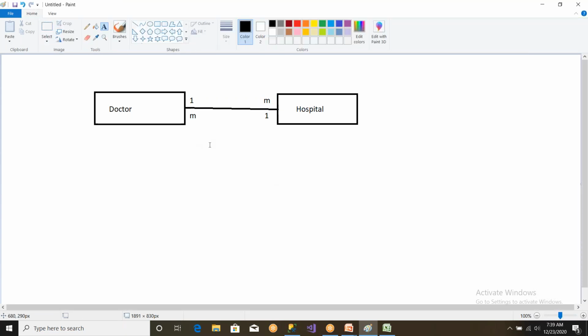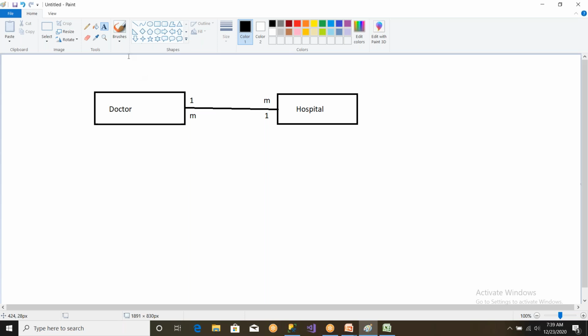Clear? For example, a cardiologist, in the morning 10 to 12 or 1 o'clock, may be there in his own clinic. Later, in the evening 6 to 10, he may be working for some other hospital as a surgeon, right? So many doctors are going to work for many hospitals. They're consultants, they're not employees.